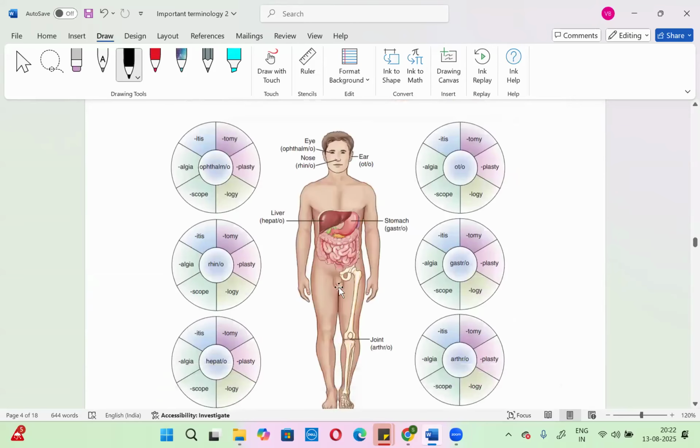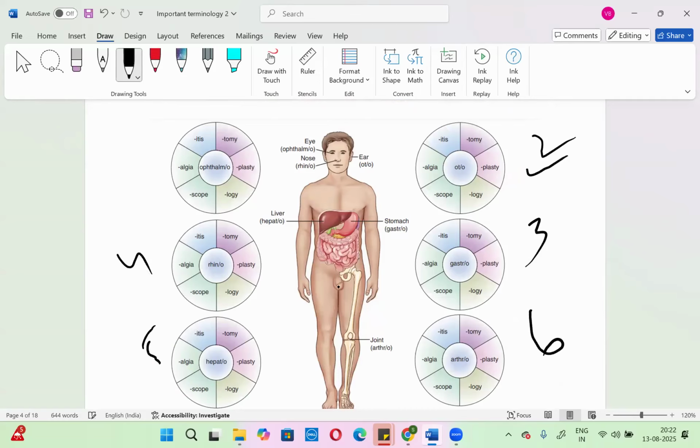Okay. Now here we go. You have to fix these terminologies. I'll explain one, and the remaining you have to do. Now, whatever we have learned, you have to fix all these words.